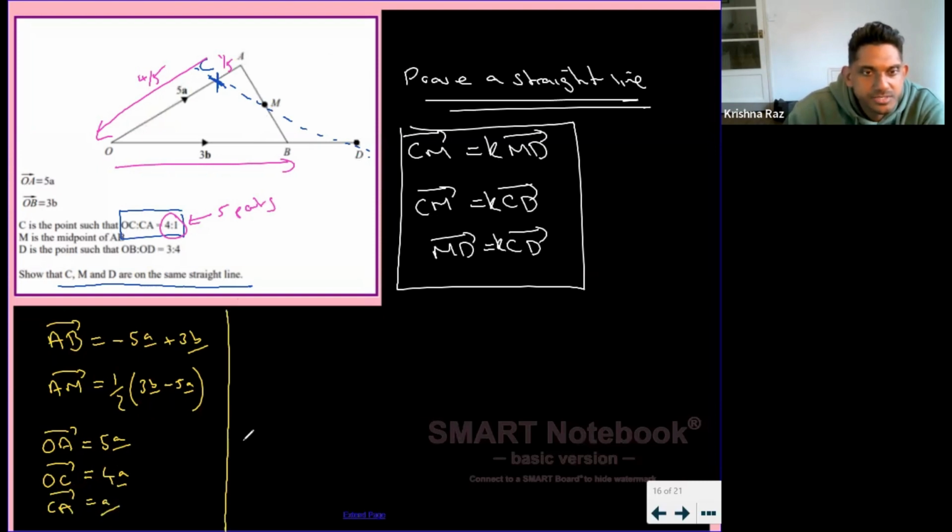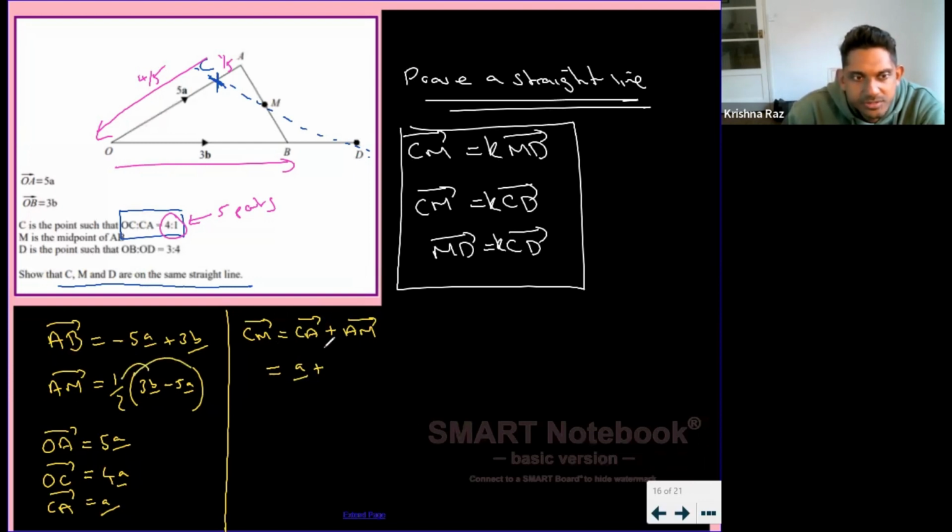So now we're in a position to figure out what we needed to, CM. So CM is CA plus AM, which we can now just use the working that we have, which is A plus half 3B minus 5A. So if I multiply that out, that is minus 5/2A plus 3/2B.